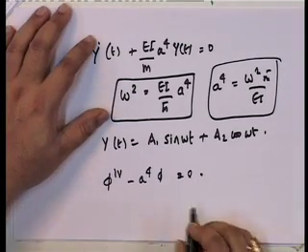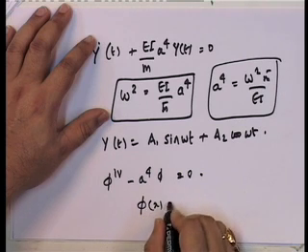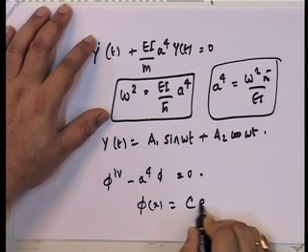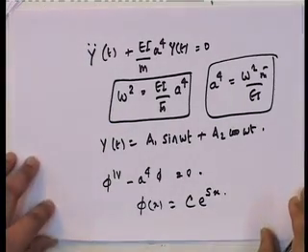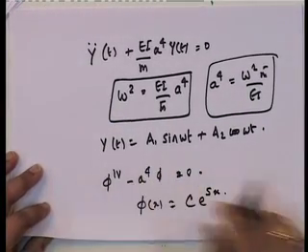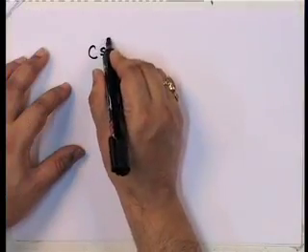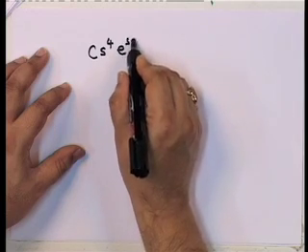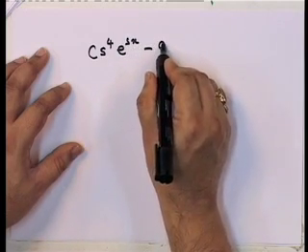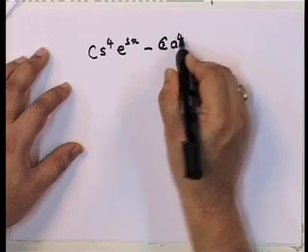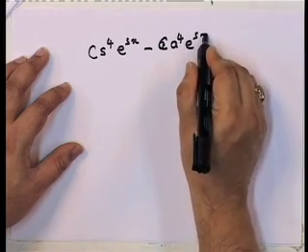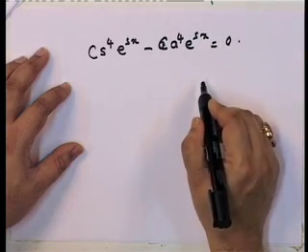Now, let us substitute a situation where phi of x is equal to c e to the power of s x. If I substitute this into this equation, note that phi fourth becomes just s fourth. So, this basically becomes c into s fourth e to the power of s x minus c a fourth e to the power of s x is equal to 0.